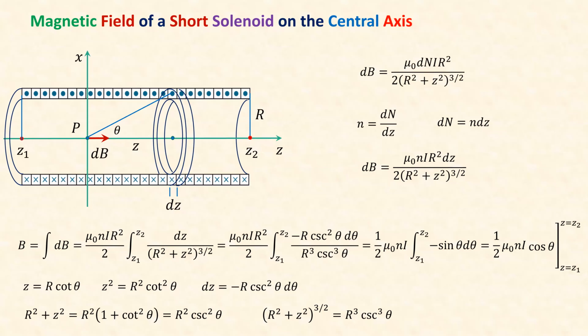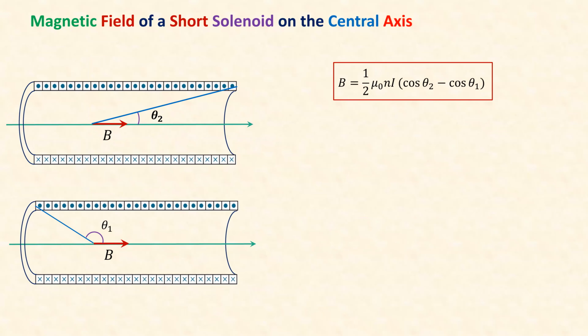If you do that, you get one half mu naught n i times cosine theta 2 minus cosine theta 1, where theta 2 is the theta corresponding to z2, and theta 1 is the theta corresponding to z1. So if you consider the viewing angle of this edge from the axis to be theta 2 and the viewing angle of the other end to be theta 1, we can write B equal to one half mu naught n i times cosine theta 2 minus cosine theta 1.